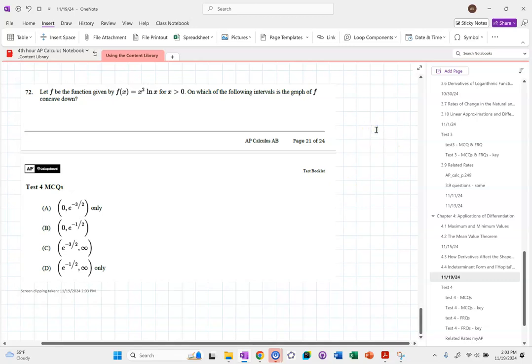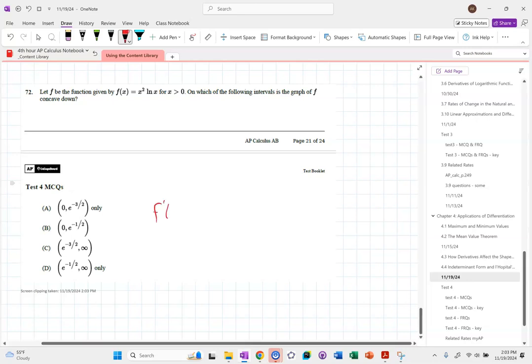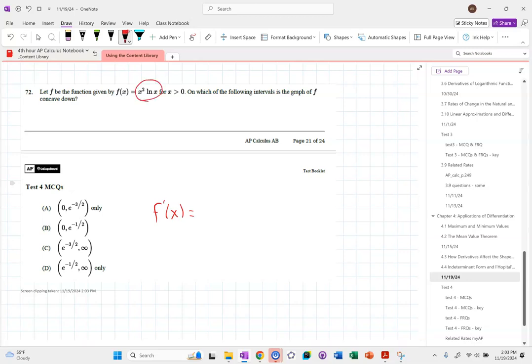Okay. Let f be the function given by f of x equals x squared times the natural log of x for x greater than 0. Which of the following intervals is the graph concave down on? So I'm going to start by finding the second derivative. To do the first derivative, notice this is going to be a product rule.